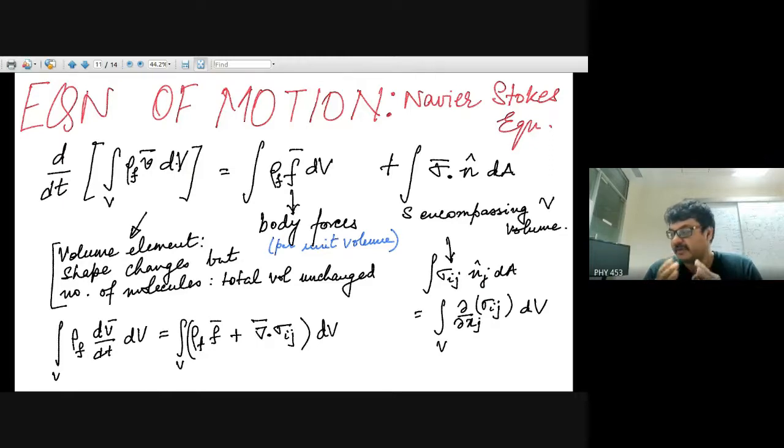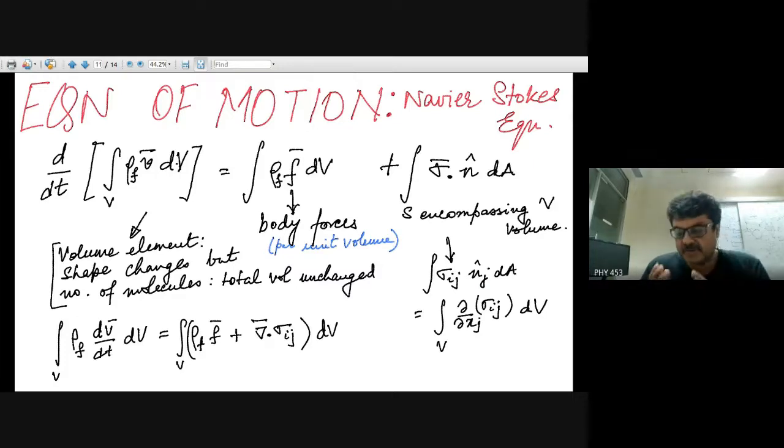So now we are really writing down the momentum conservation equation, because now we know how to write the surface forces. Body forces were trivial. M d2r dt2 was discussed right at the first part, where you had the Eulerian frame and the Lagrangian frame.